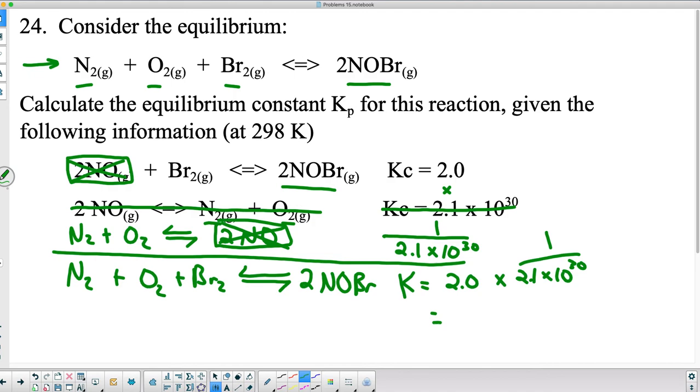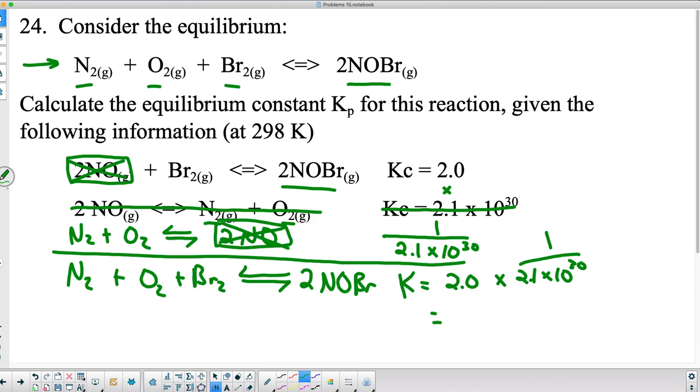Now when we go to calculate the K, the equilibrium constant of the total expression, then I go to the calculator and I'm going to do the 2 times the 1 over 2.1 times 10 to the 30th. I'm going to do that first.